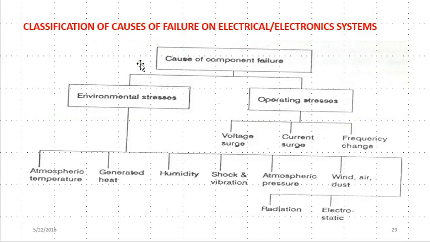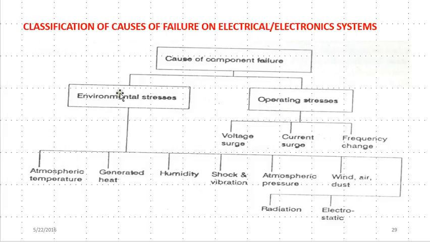The next item is the classification of failure, the causes of failure of electrical and electronic systems, and this graph summarizes everything. Here we have the causes, and they are broadly categorized into two: causes due to environmental stresses and causes due to operating stresses.